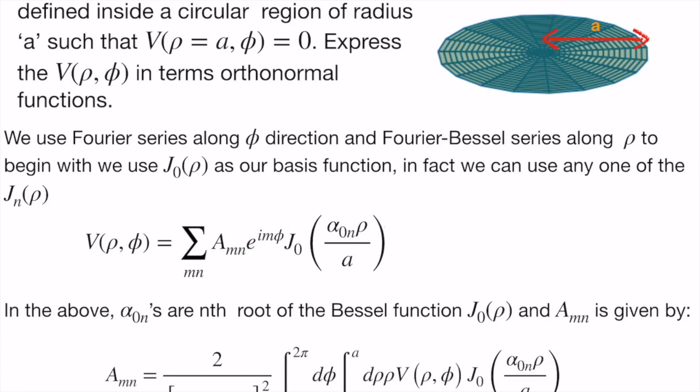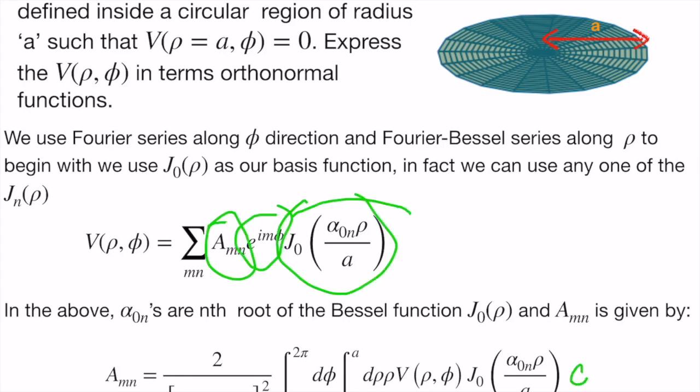The first one is from the Fourier series, which we can compute, and the second part is coming from the Fourier-Bessel series, as we have seen in the earlier slide. In this case, e to the power i m phi is missing, so that we can compute the Fourier series.